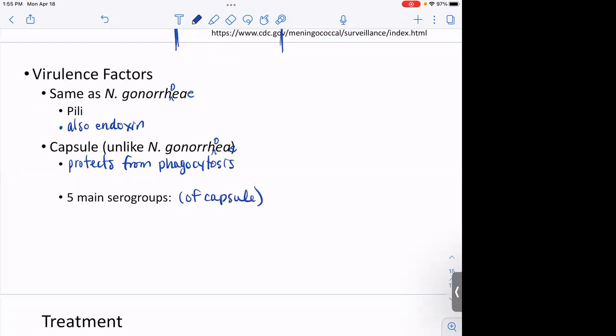The main ones, 95% of meningitis, are due to five of those serotypes: A, B, C, Y, and W135. Sometimes they just call it W, or sometimes you see it called W135. So again, about 90% of disease is caused by those serotypes. There are other ones.